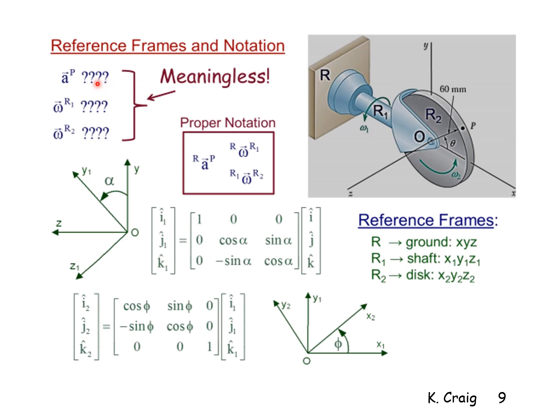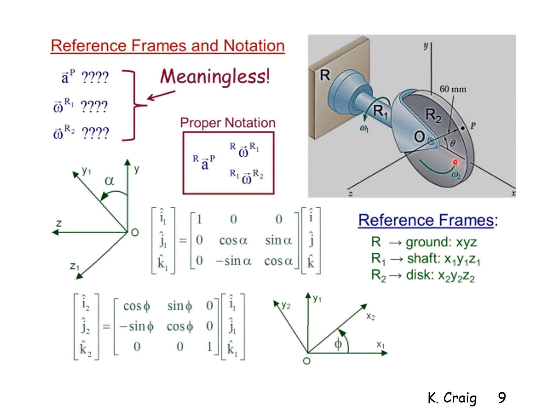If I ask the question, what is the acceleration of point P, this point on the disk, it's meaningless. What is the angular velocity of R1, as shown here? It's meaningless. What is the angular velocity of R2? It's meaningless, because the acceleration of P as viewed from where?